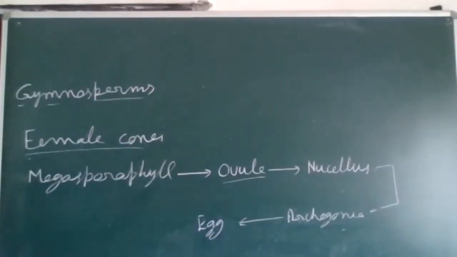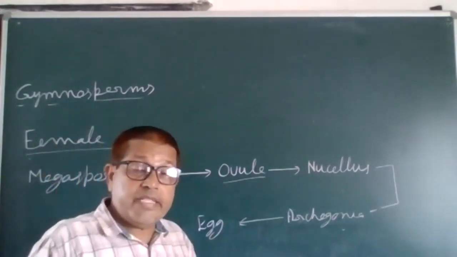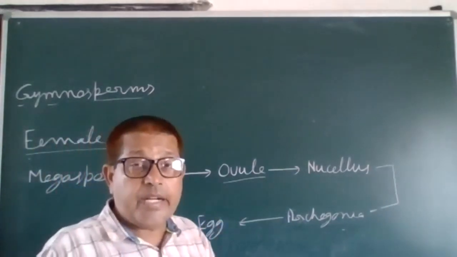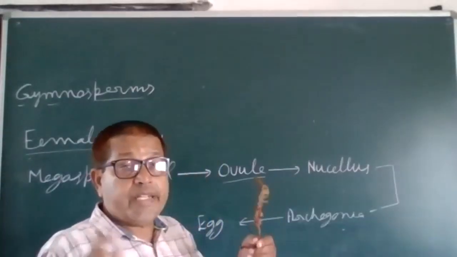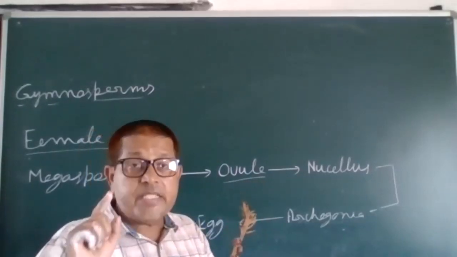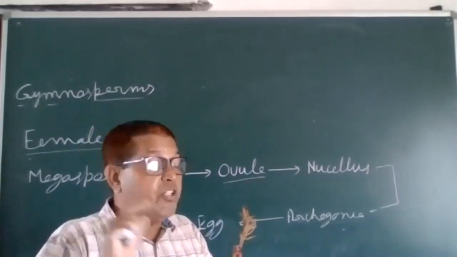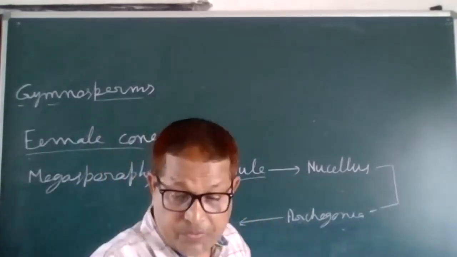By the process of pollination, pollen grains are produced and transferred to the ovule. Pollen grains are transferred to the ovule by the process of pollination.